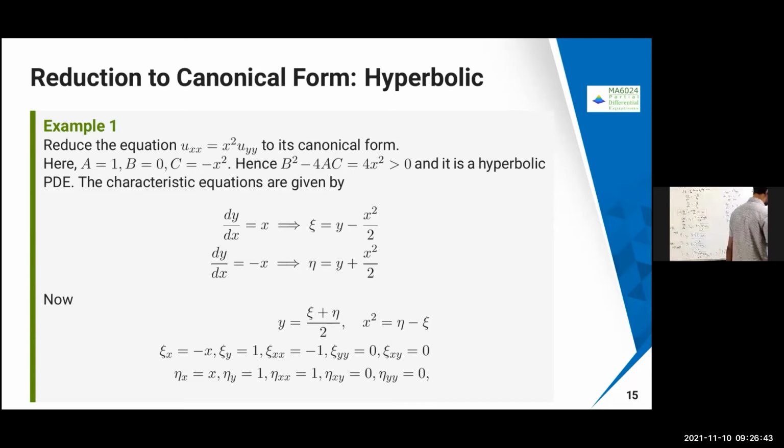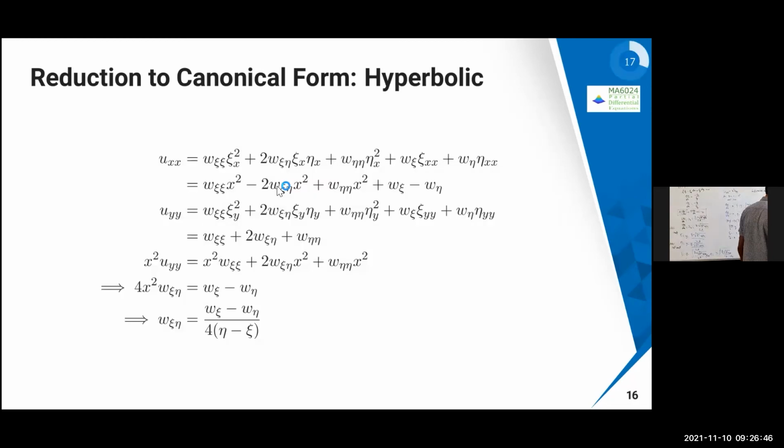So therefore, you can substitute it in the canonical form equation. Let us substitute for uxx.